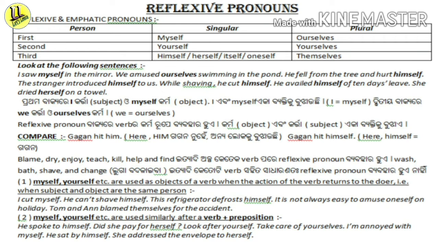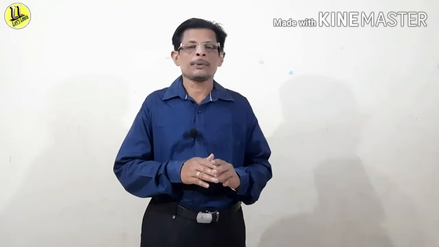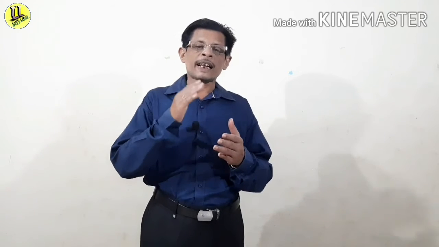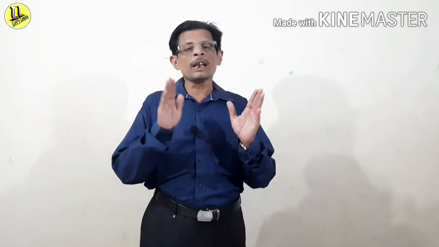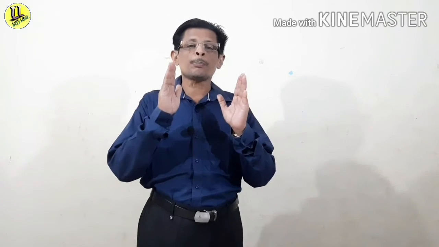For the second person, for singular, it is yourself, and for plural, it is yourselves. For the third person, singular, it is himself, or herself, or itself, or oneself. And for plural, it is themselves. Now, we will take some examples, and in these examples, we will use these self-form pronouns.